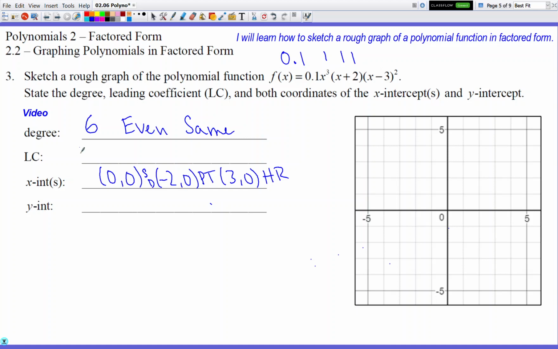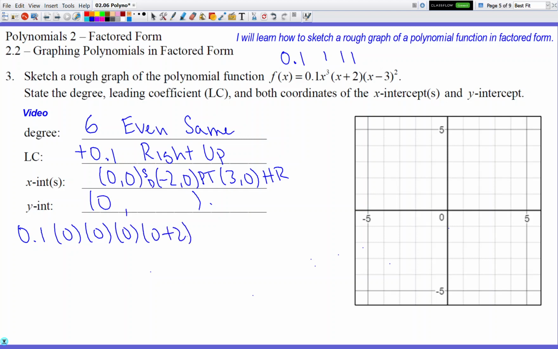So your LC is going to be positive 0.1, and this is a positive LC, so that means my right side is going in the upward direction. Okay, so let's find my y-intercept. I guarantee the x value is 0, so let's plug in 0. So 0.1 times 0 times 0 times 0, because it's x to the third, times 0 plus 2 times 0 minus 3 times 0 minus 3.